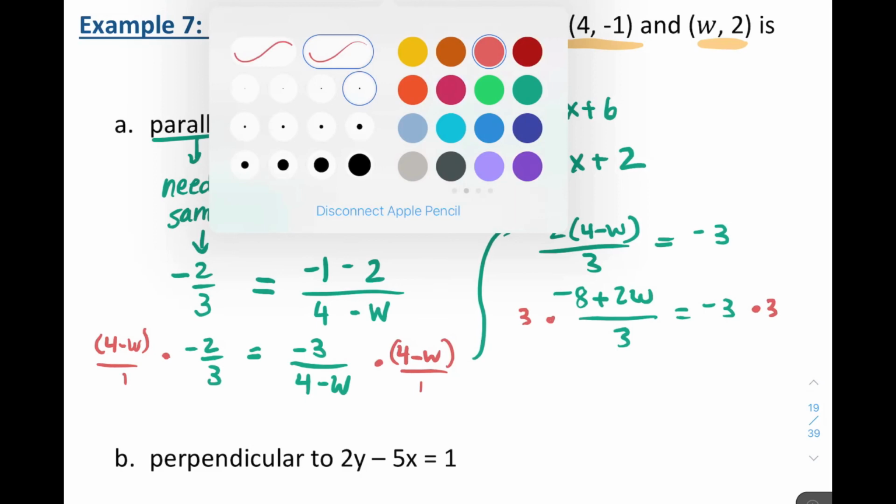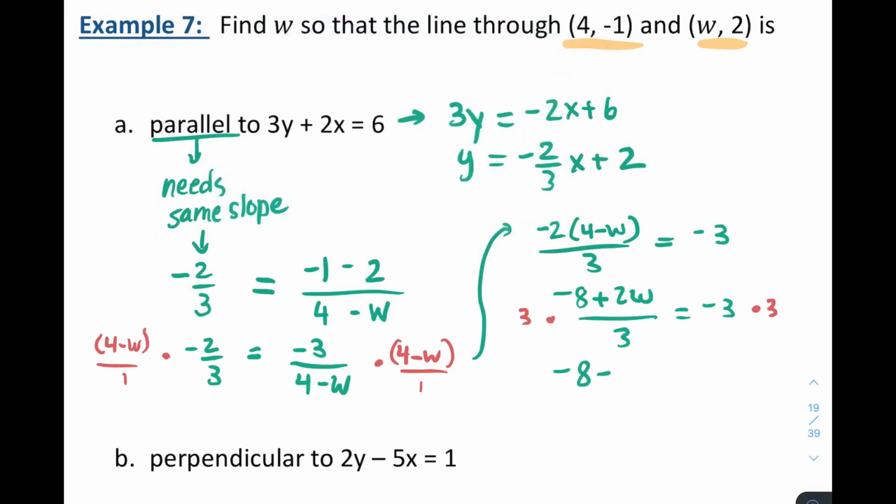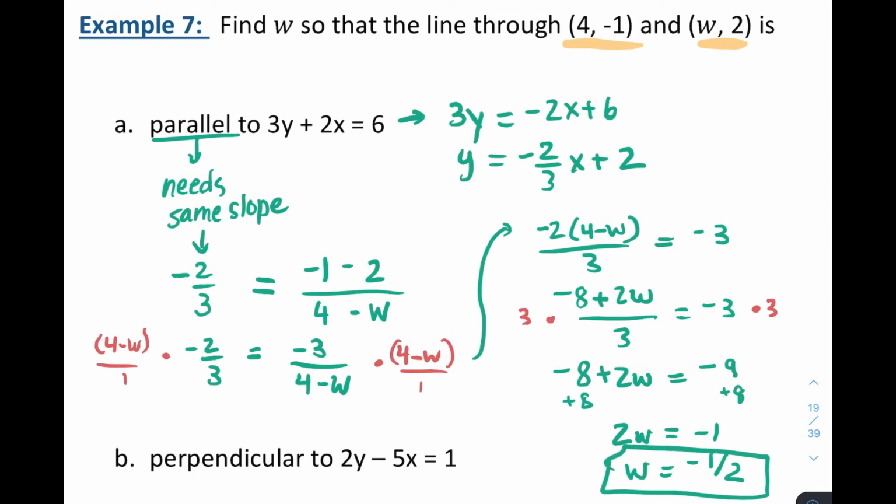There's multiple ways you could solve this equation. And that'll give you -8 + 2w = -9. Add 8 to both sides, divide by 2, and you end up with w = -1/2. Perpendicular would be similar, but you'd have to do the opposite reciprocal for the slope that you're setting it equal to instead.